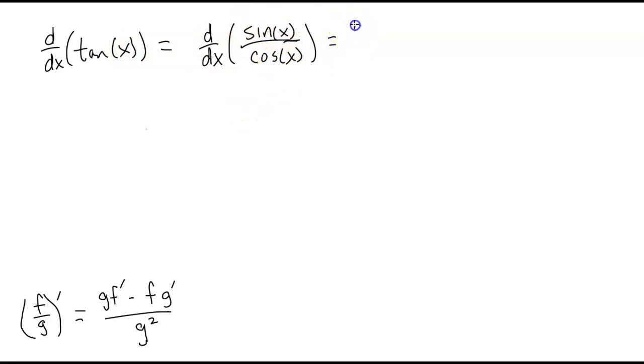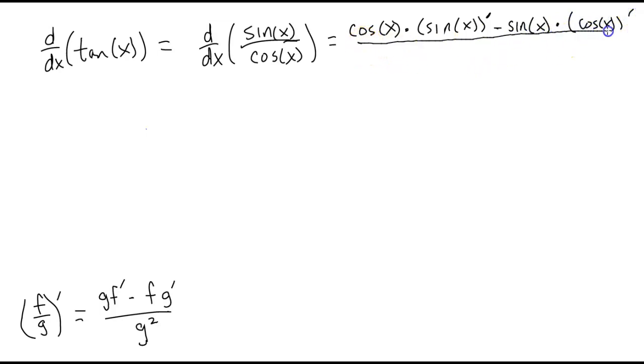So if I say low times derivative of high, and I'm just going to write it all in prime notation here, minus high times derivative of low, and all that over low function squared.